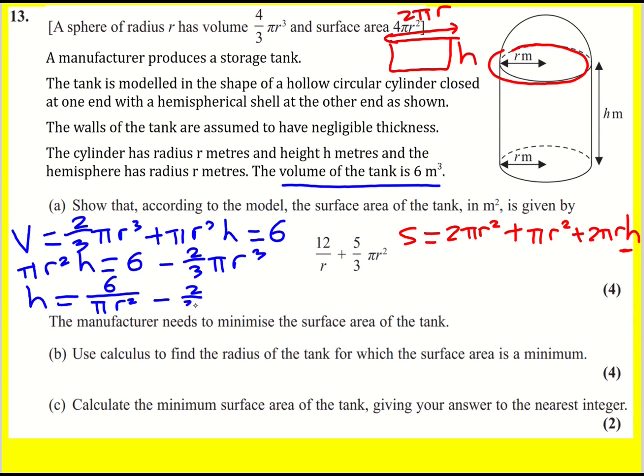That's going to cancel down to 2/3 r. And I can now substitute that in. So S is going to be 3 pi r squared plus 2 pi r multiplied by 6 over pi r squared minus 2/3 r.